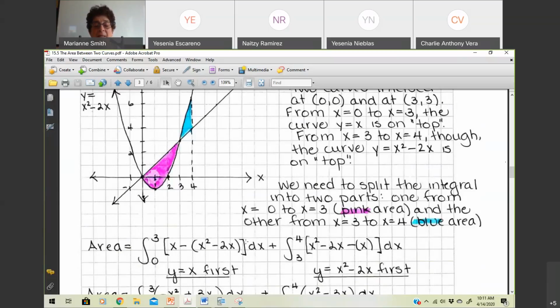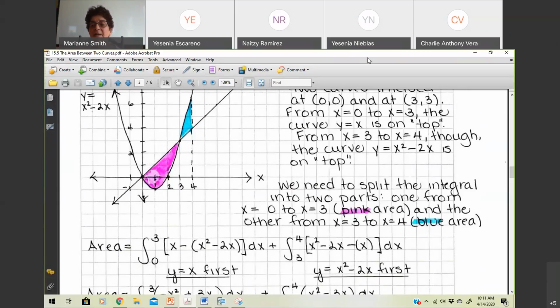Then again, on the second part of the integral, which goes from 3 to 4, I want to get the area of this little blue piece. Here, the quadratic is the higher function, so the quadratic comes first, minus the linear. So again, I'm trying to show you what happens when you split the integral like this.